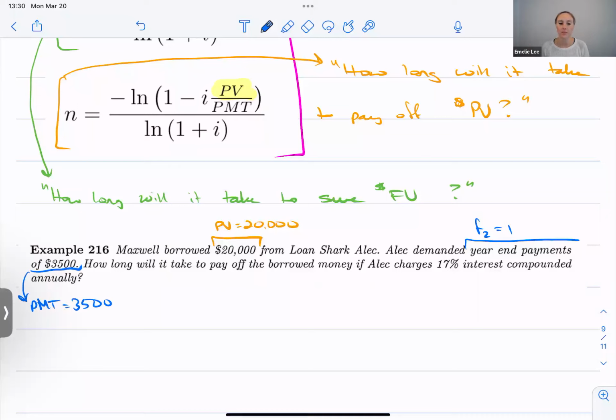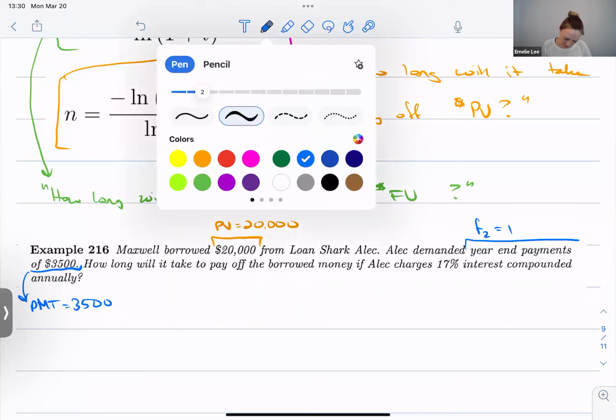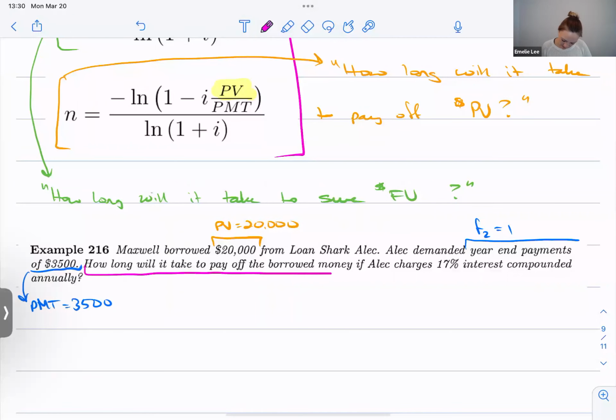Each payment is 3,500. How long will it take to pay off the borrowed money? Those are all clues. So we want to find n, and ultimately we want to find time. N is the gateway though. If Alec charges 17% interest compounded annually, so R is 0.17 and compounded annually means that F1 is 1.